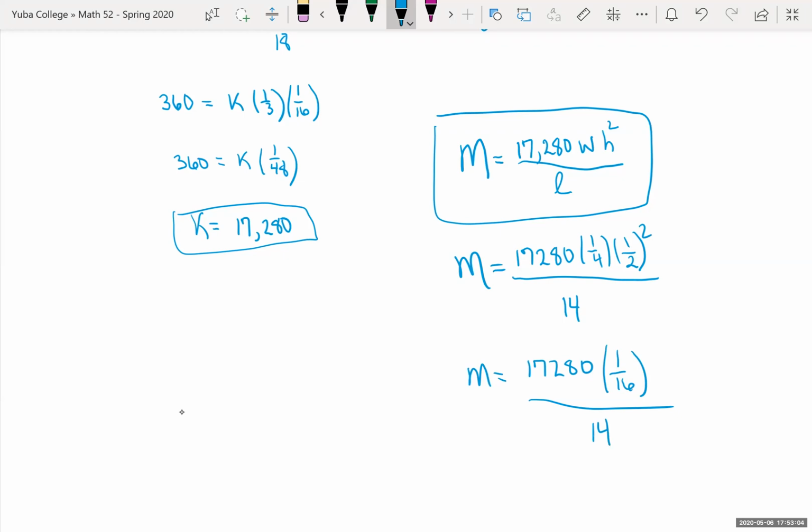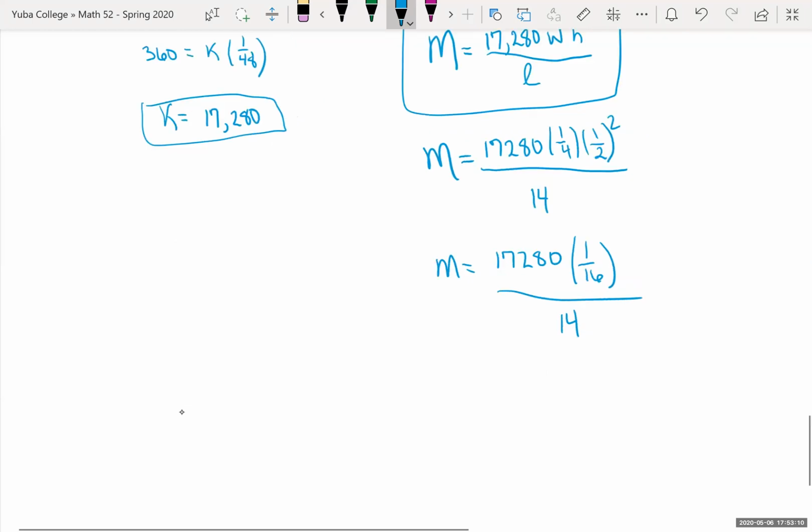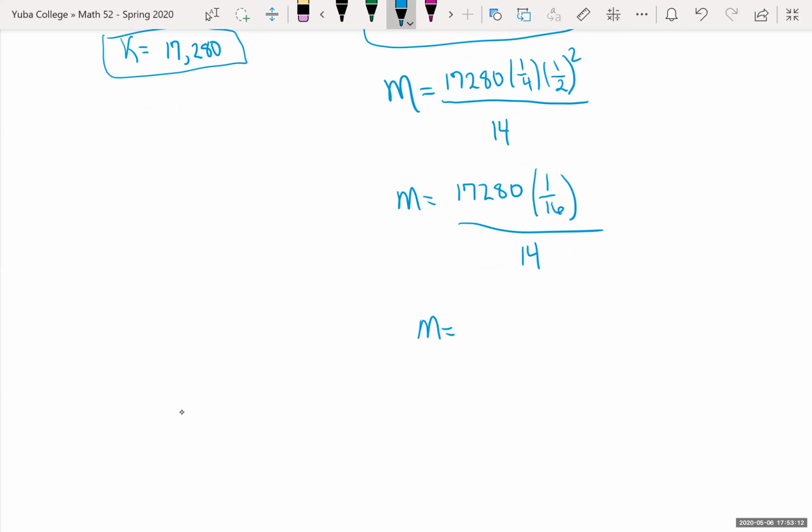So see if 17,280 is divisible by 16. It is. It goes in 1,080 times, all over 14. And this is about 77, rounding it.